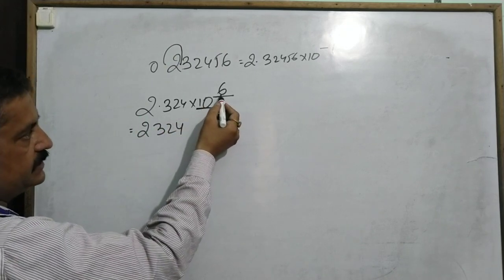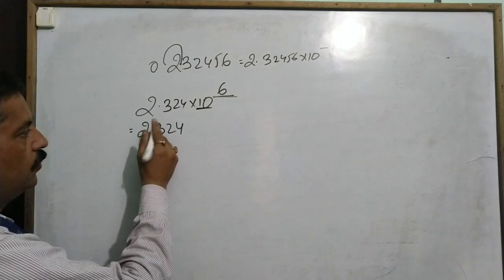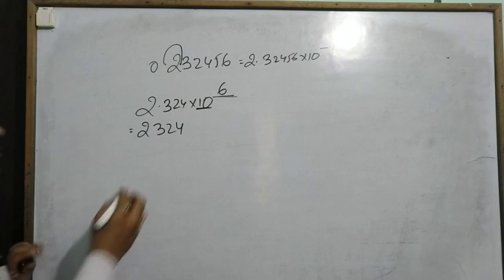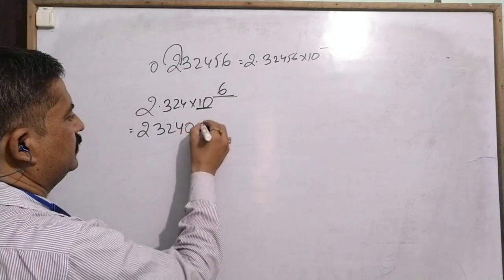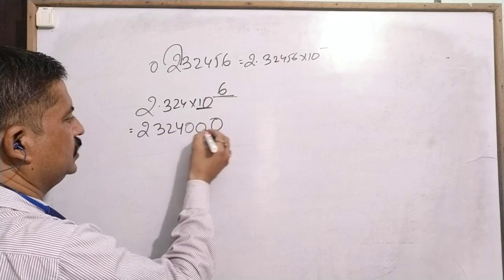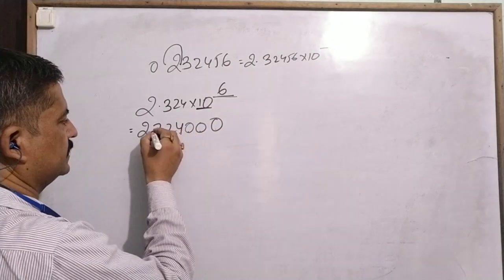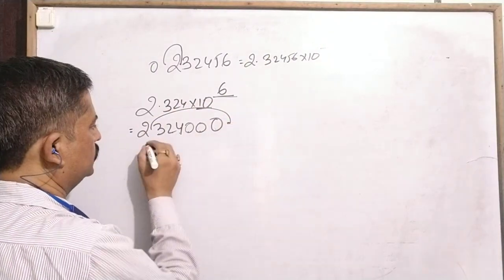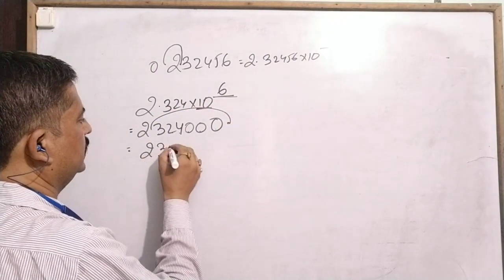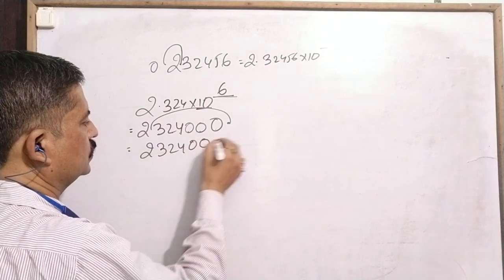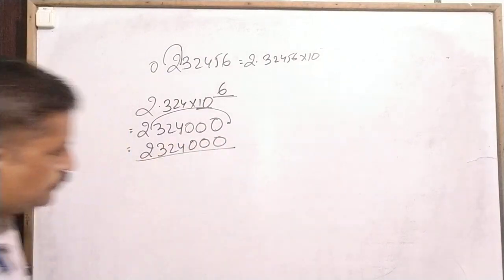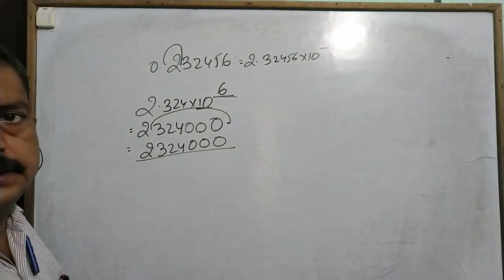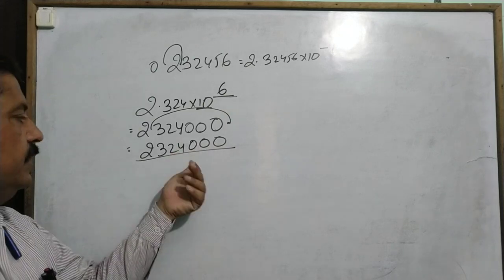What do we check? 6 digits, meaning the decimal comes after the 6th digit. So 3 digits are given and 3 more digits are written: 1, 2, 3, 4, 5, 6. The decimal shifts to that point, so the number will be 2324000. That's the natural number.